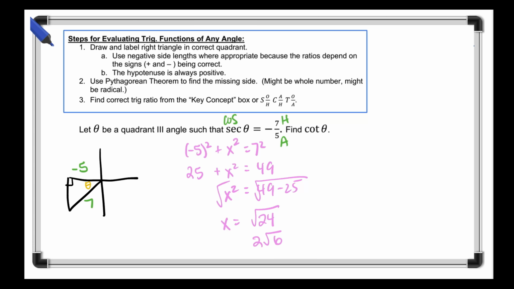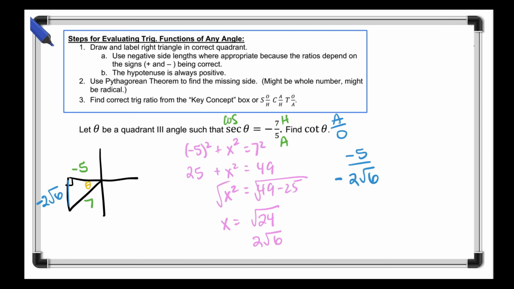We do need to find the cotangent, which is the reciprocal of tangent, so that's a over o. So my cotangent of theta is going to be negative 5 over 2 root 6. With this 2 root 6, you have to remember that this distance is actually negative, so we put that in our ratio.